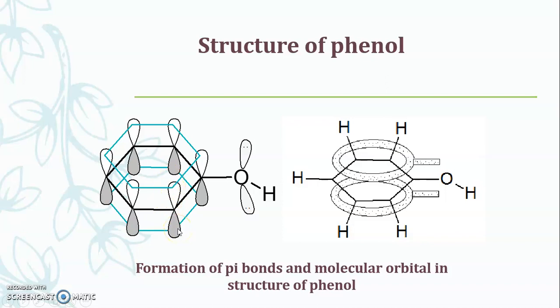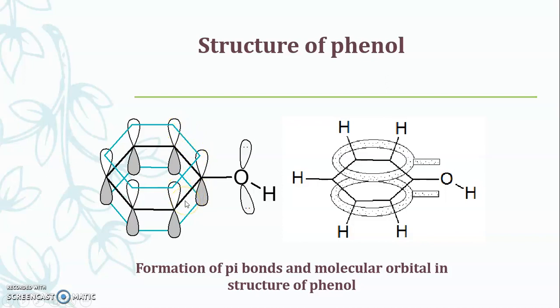Remember that in benzene also we have seen that whatever unhybridized p orbitals are there, they are perpendicular to the plane of the sigma bond. Those which are perpendicular to the plane of the sigma bond are the ones counted as pi electrons. So the 6 carbon atoms have 6 pi electrons, and due to sidewise overlapping of the unhybridized p orbitals, pi bonds are formed in the phenol, shown here in blue color.